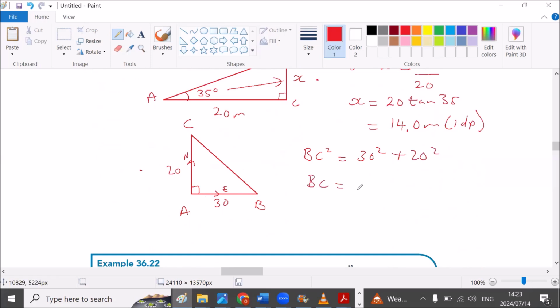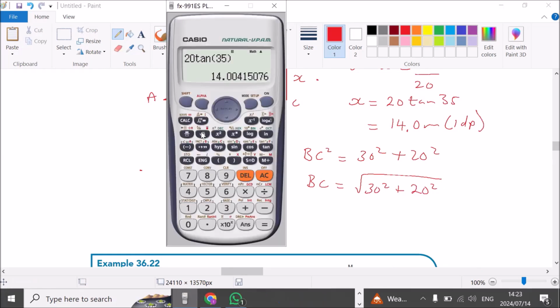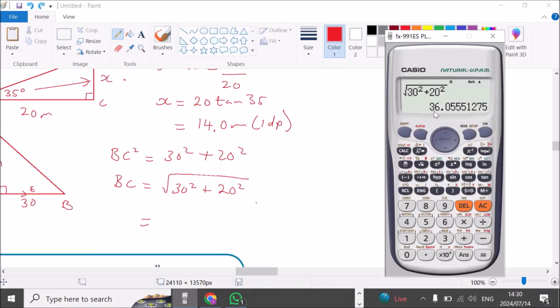BC will be equal to the square root of 30 squared plus 20 squared. On our calculator, that gives us 36.1 meters to 1 decimal place.